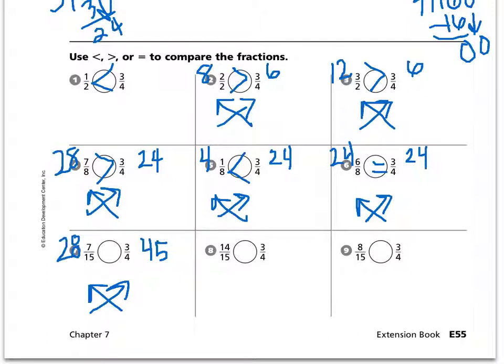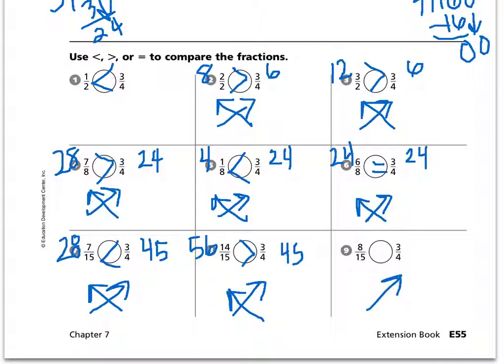I know 45 is greater than 28, so 3/4 is greater than 7/15. Then I do 15 times 3, and I know that that's 45, and then I do 4 times 14, and I know that that's 56, so I know 56 is greater than 45. 14/15 is greater than 3/4.